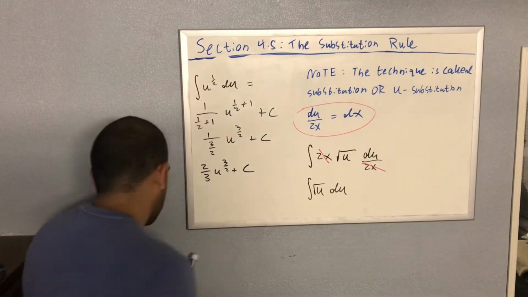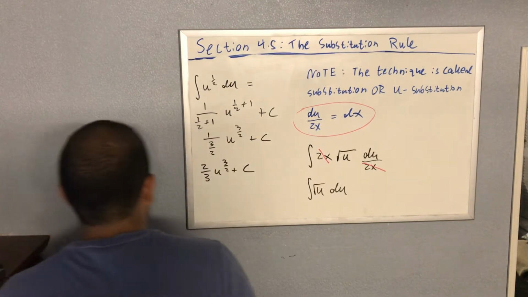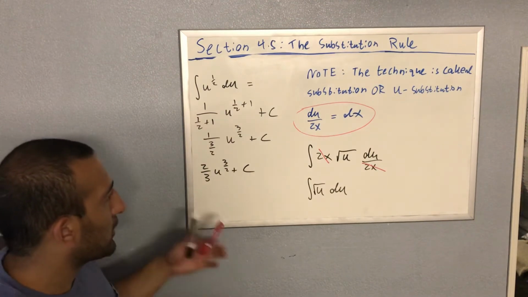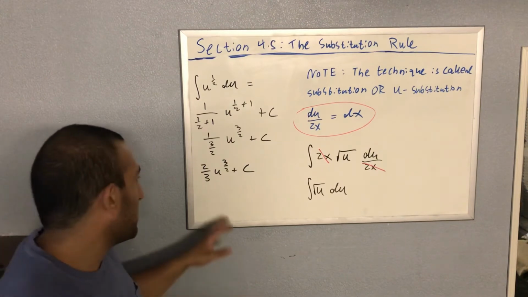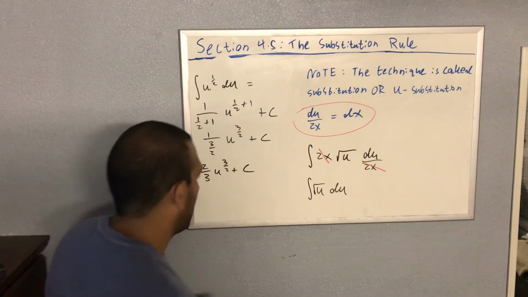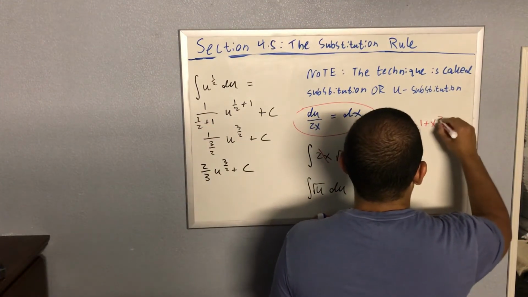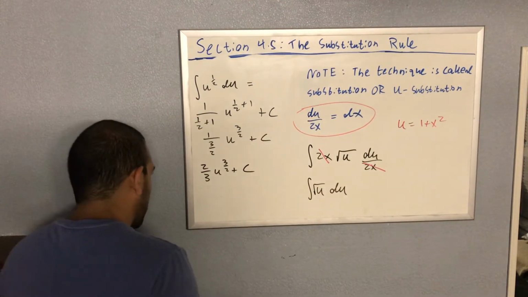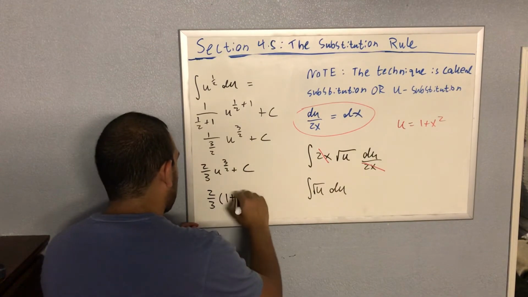But, so this is an acceptable answer. This works. But what we could do is, if we want this in terms of the original variable x, what you do now is resubstitute in the x expression. So u, remember, u is equal to this, 1 plus x squared. So let's just make that replacement here. So we have 2/3, the whole u, which is 1 plus x squared.